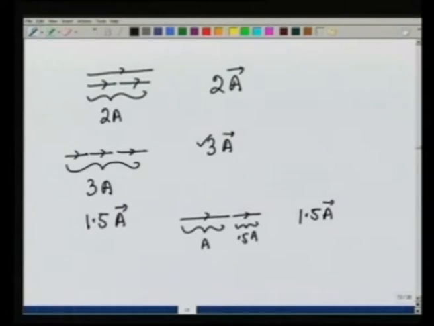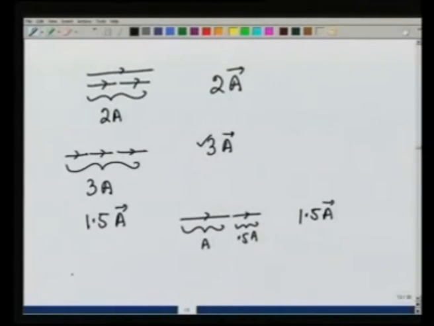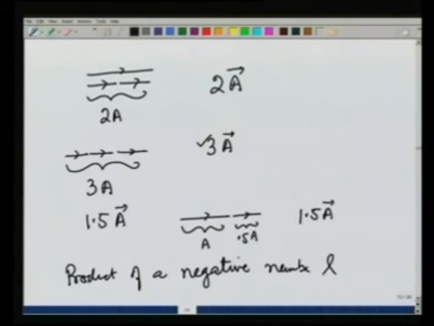Can I multiply a vector by a negative number? The answer is yes. So, product of a negative number and a vector. Recall from your school days, what does multiplying by a negative number mean?